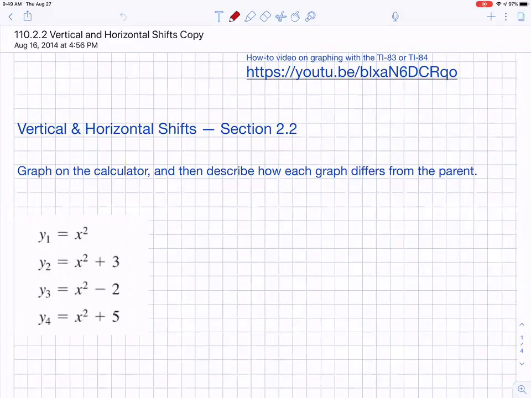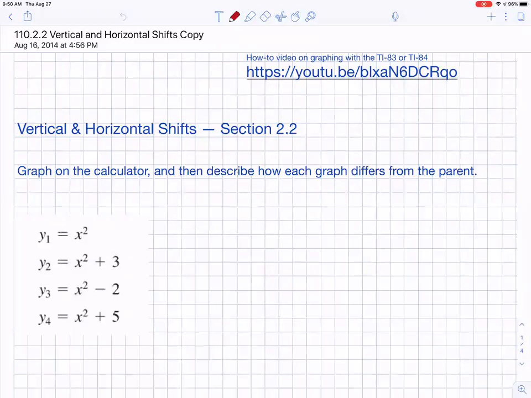So what is it that Y2 does to the parent? Y2 and Y1 are both parabolas. So how did Y2 mess with the parent?